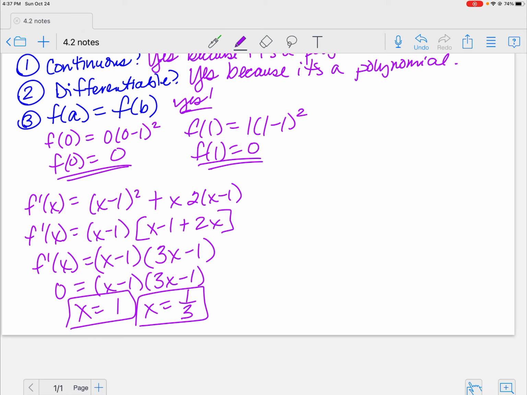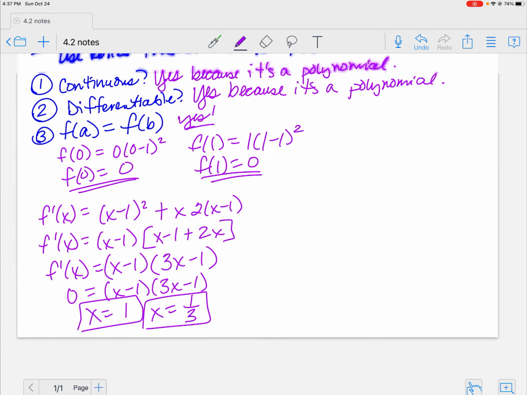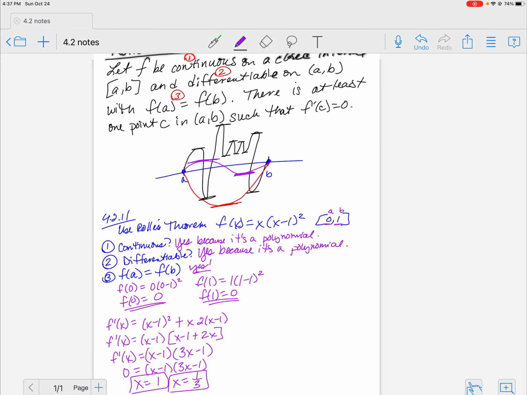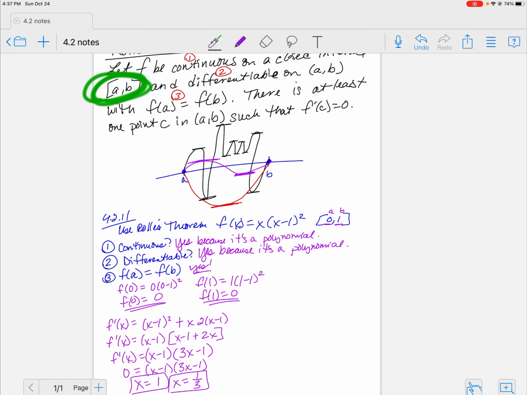Now, when I'm looking at these points, let me squeeze this back in here. What did this up here, this criteria say? It is continuous on the closed interval, but it's differentiable on the what? Open interval. It has to be differentiable on the open interval. And there's at least a point C that is what?